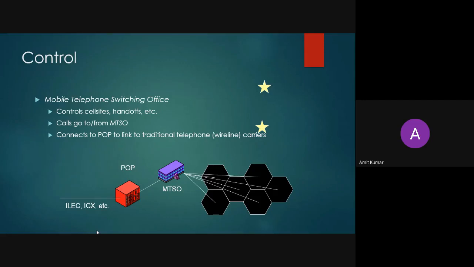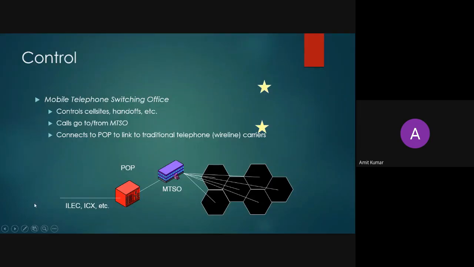So here, there are various controls on the site. We have the mobile telephone switching office, which is available everywhere. It will control multiple cells.